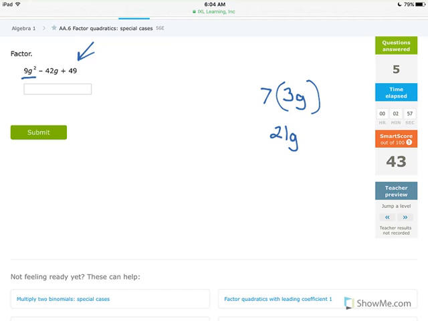And then if you double the 21g, that makes 42g, which is that middle term. So again, this is a special pattern, and it's going to be minus because we have a minus on the middle term. So both factors are going to be minus, and then you just put in the square roots.